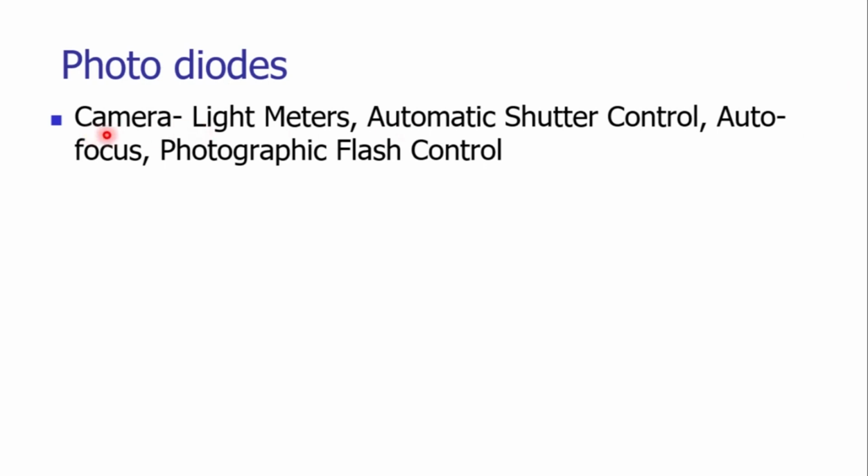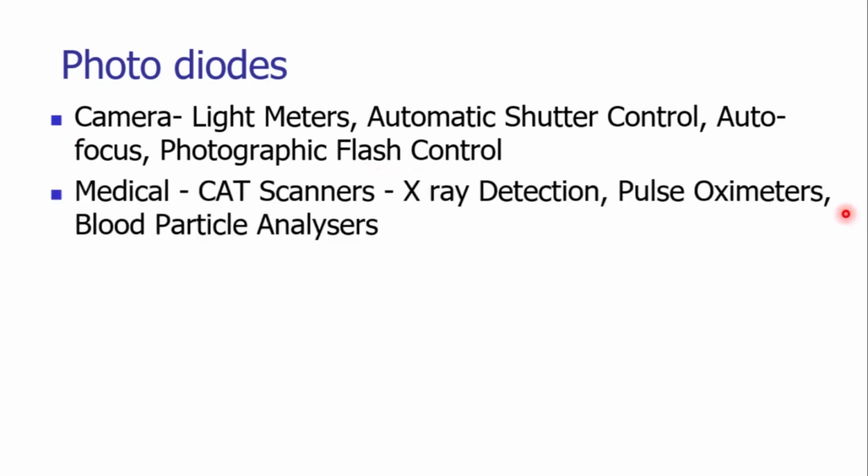The photodiodes have a variety of applications. They are primarily used in cameras for the measurement of light, to control the shutters, to carry out the auto-focusing operation on the objects, and to have the flash control. In addition to this, the photodiodes have applications in the medical industry.